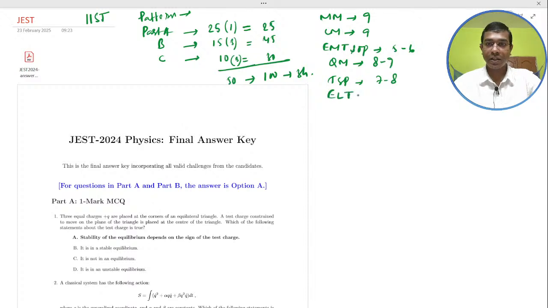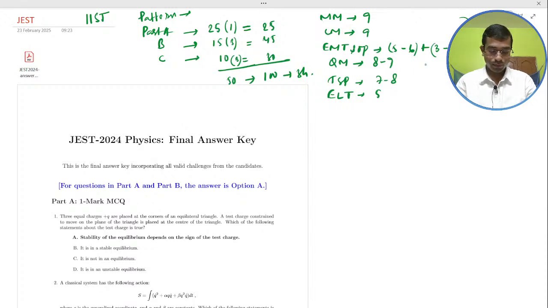And electronics, 5 questions. For electromagnetism there are 5 to 6 questions, plus for optics there are 3 to 5 questions. So this is the exam pattern, covering 50 questions.